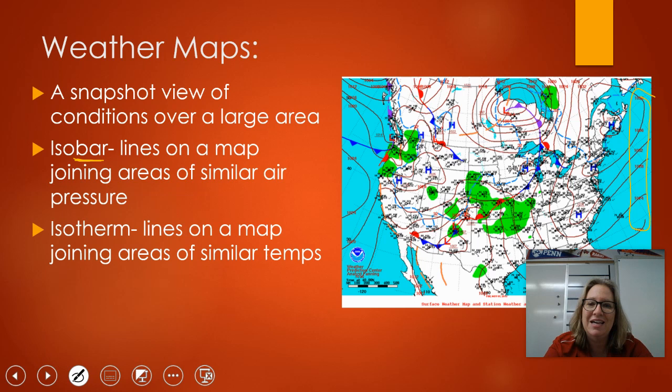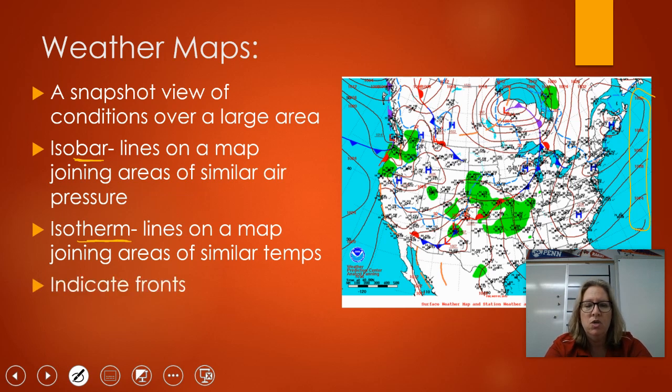You might also see isotherms, and I can't really zoom in on this picture to see where there are any. I'm going to show you a website with current weather maps like this, and you'll see some isotherms on there. An isotherm, like thermometer, joins areas on the map with similar temperatures. So we've got air pressure and temperature being joined by lines.